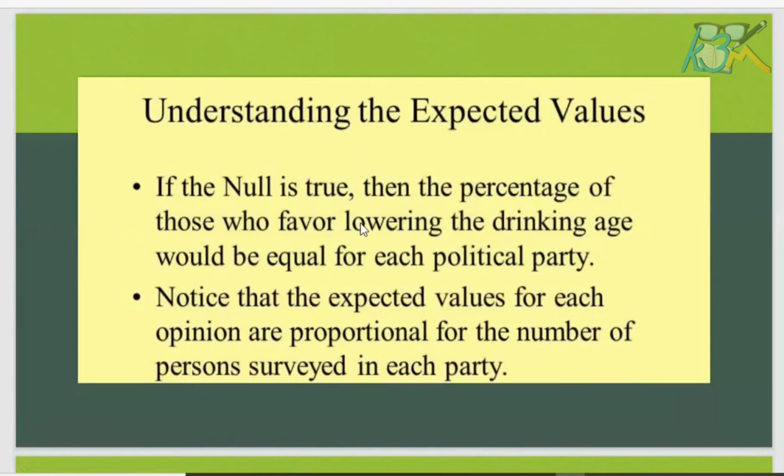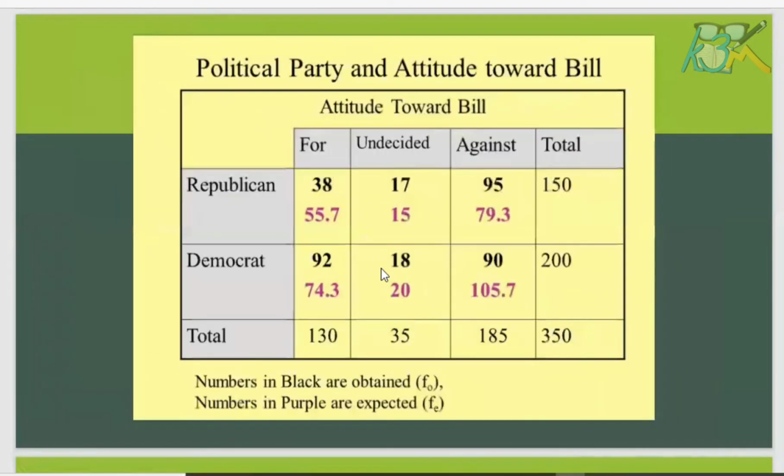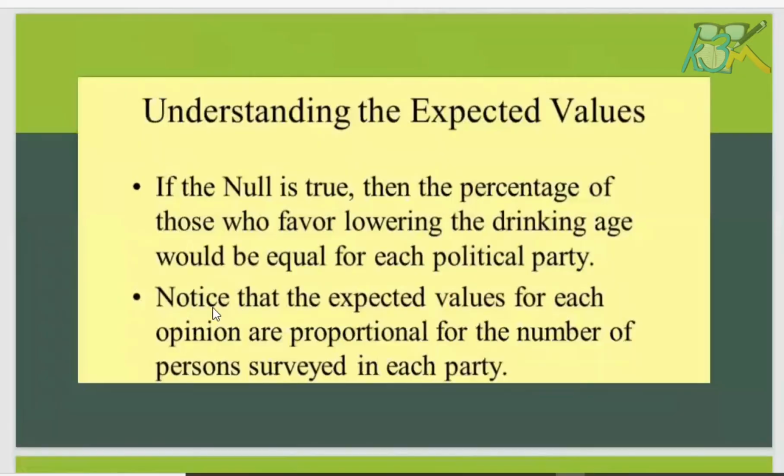So dapat mag-equal ito, ito yung 55 pati 74. So notice that the expected value for each opinion are proportional for the number of persons surveyed in each party.